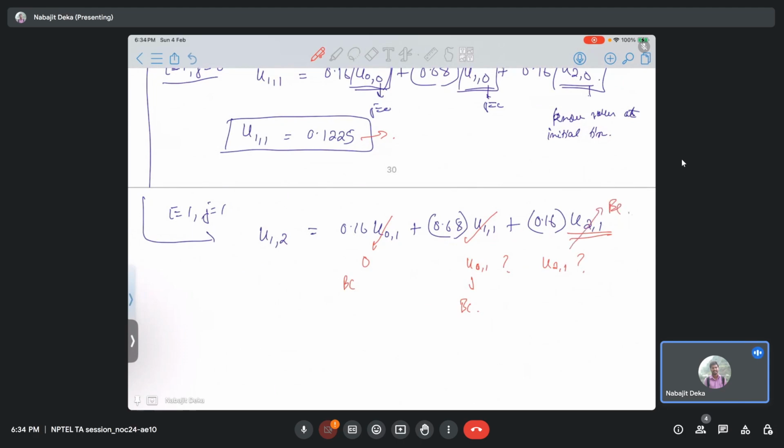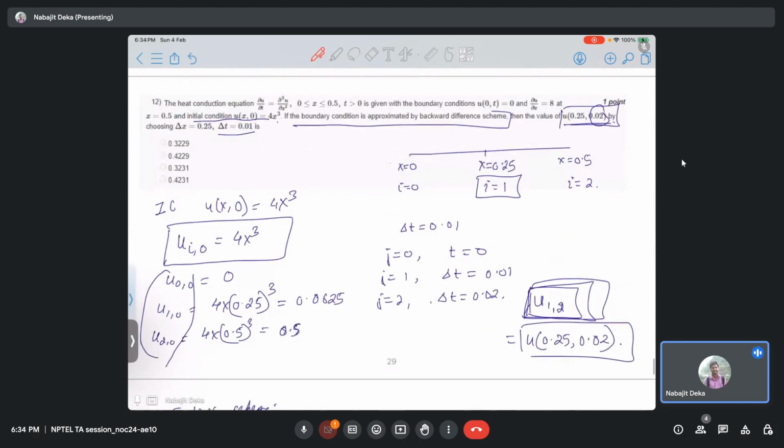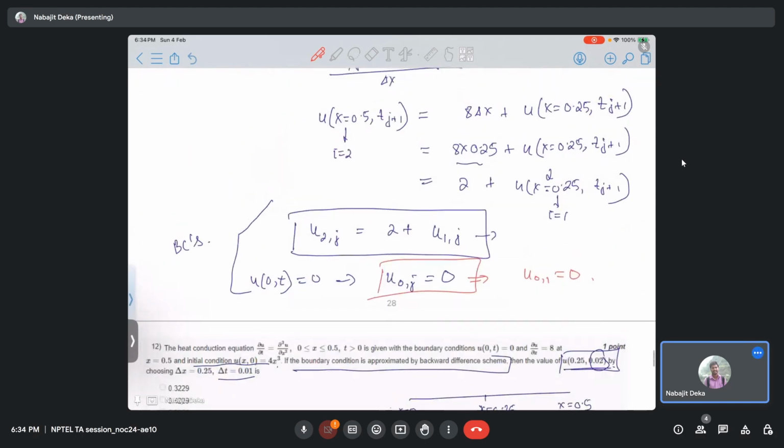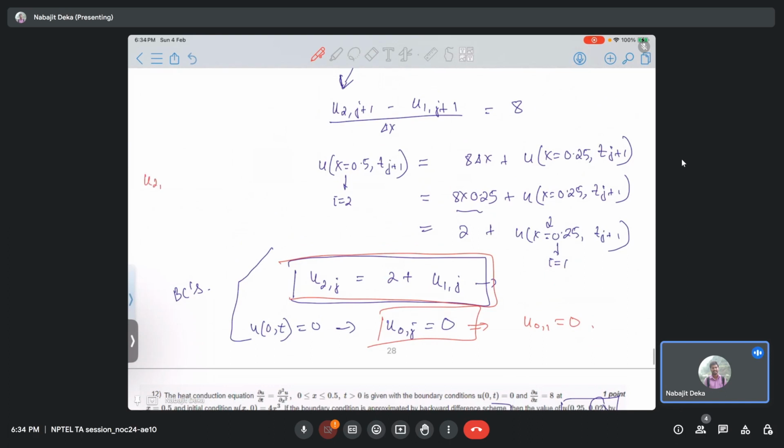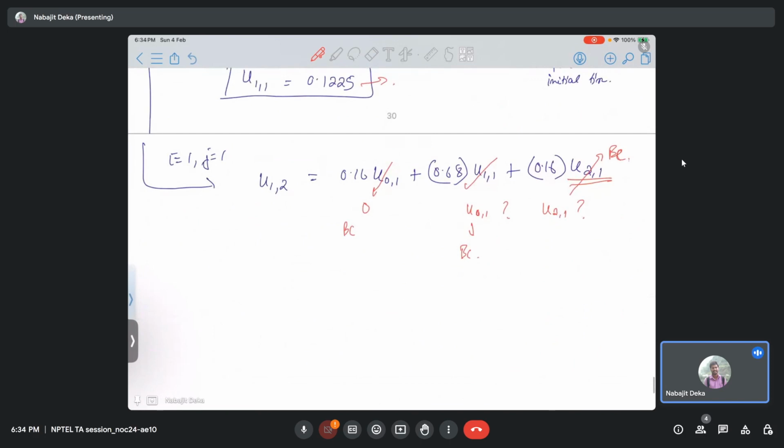With boundary conditions, how did we get it? u(2,j) is 2 plus u(1,j), right? So I'll write here u(2,j), boundary condition, equal to 2 plus u(1,j).